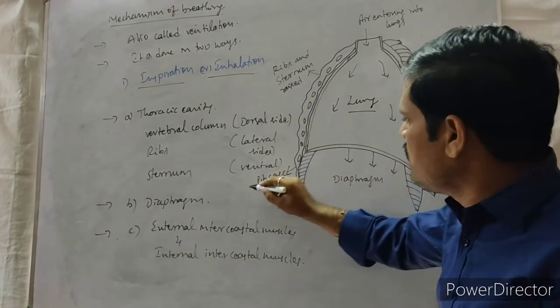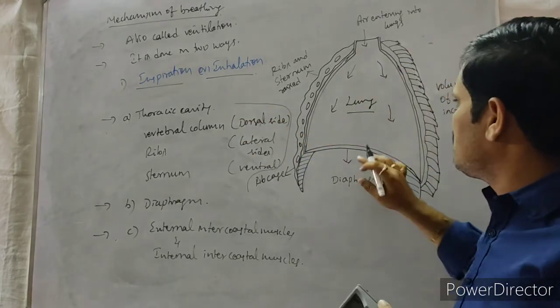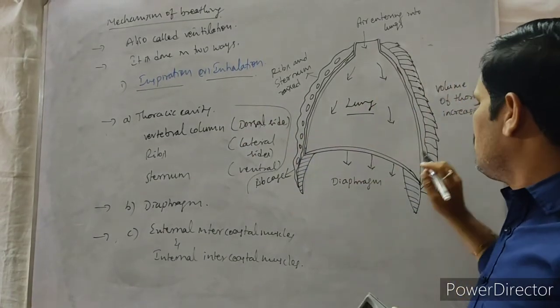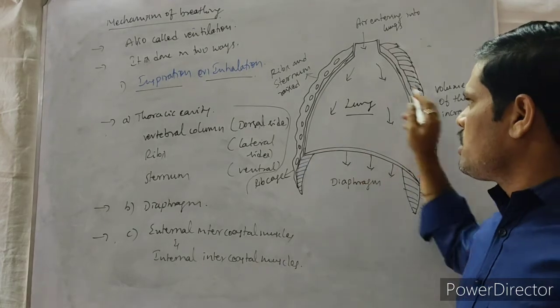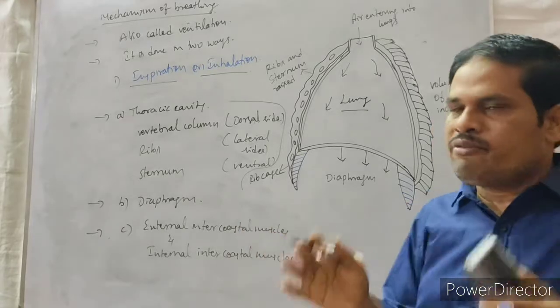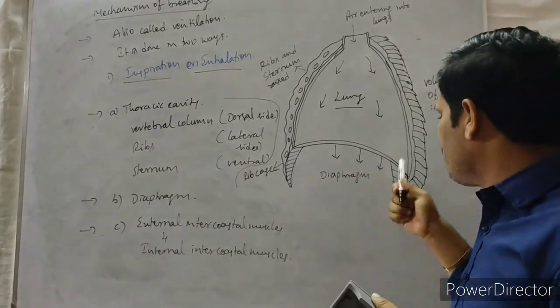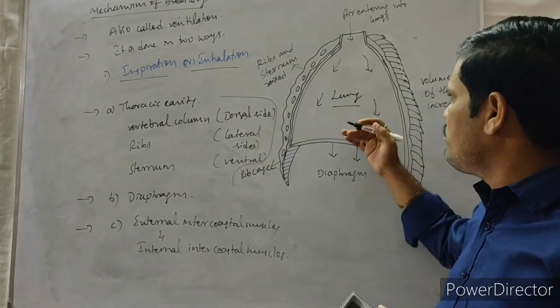The rib cage is surrounded by the lungs. How is the rib cage or thoracic cavity formed? The vertebral column, ribs and sternum combined together form the thoracic cavity or rib cage. This is the diaphragm, observed just below the rib cage.